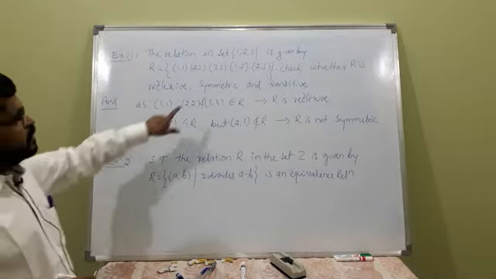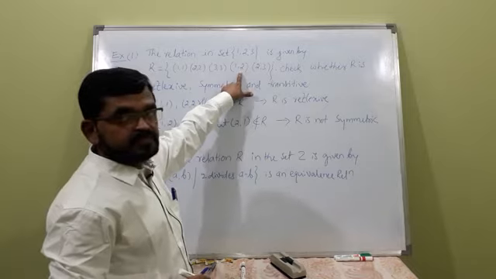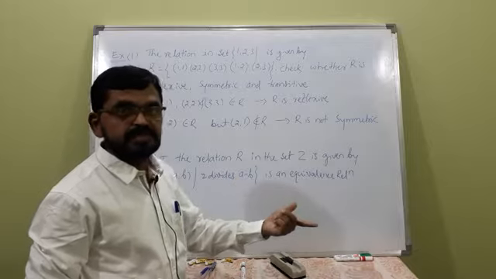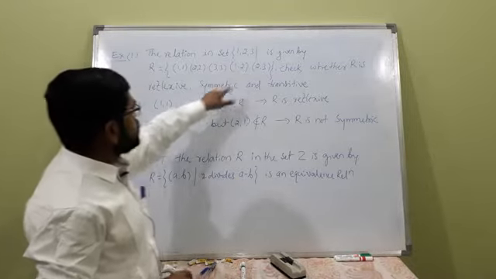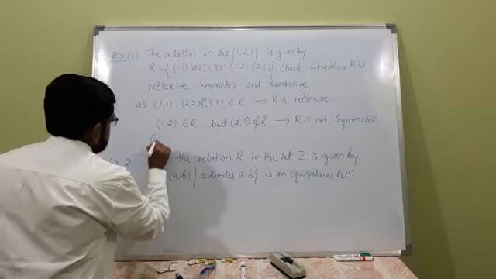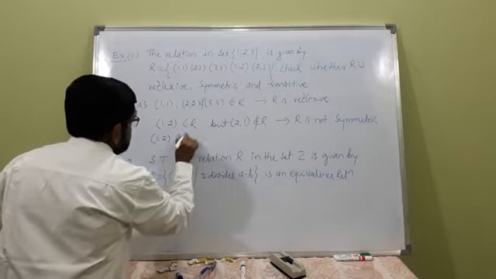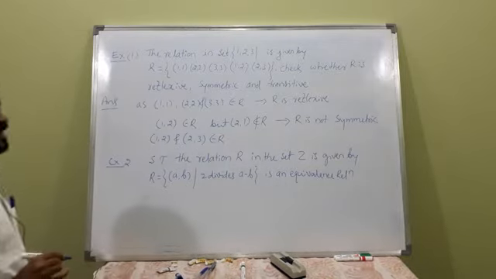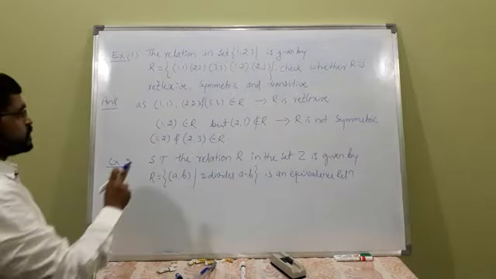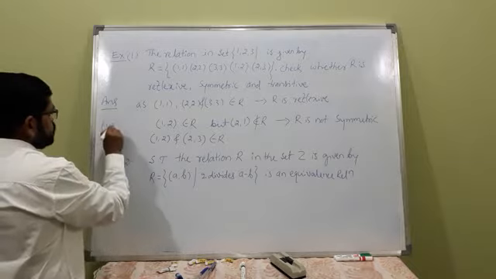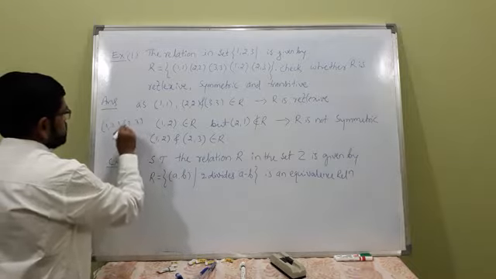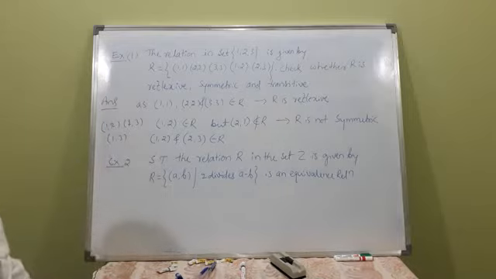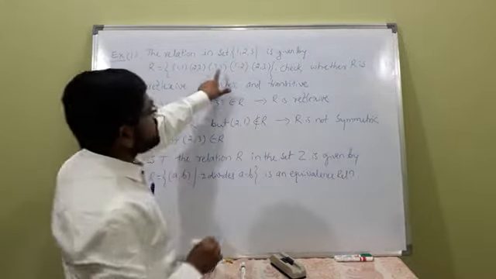Next, (1,2) is an element of R. (a,b) and (b,c) belonging to R should imply (a,c) belongs to R. (1,2) and (2,3) are elements of the relation. Then what is the property? (1,2) and (2,3) should imply (1,3) should be an element of R. But (1,3) is not here.